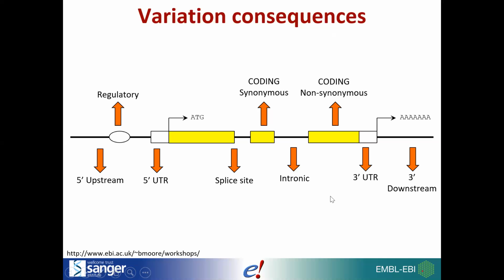So the most serious problems for protein function come from the non-synonymous substitutions, or sometimes if we have an amino acid coding triplet changing into a stop codon, which means that the translation will be terminated.